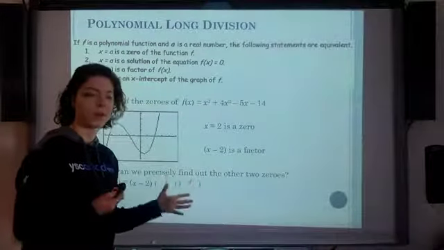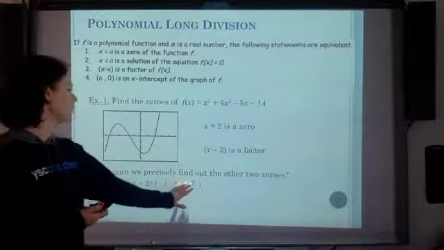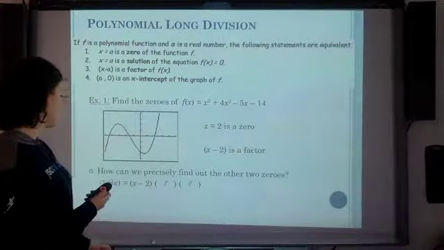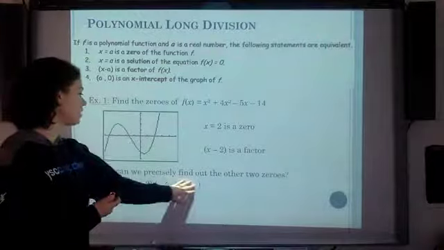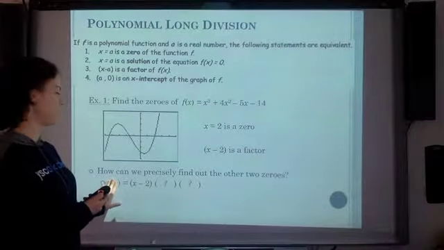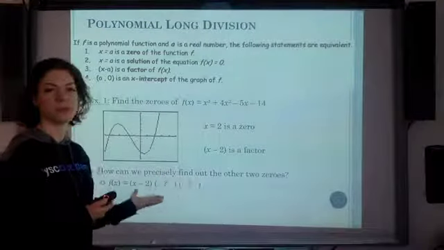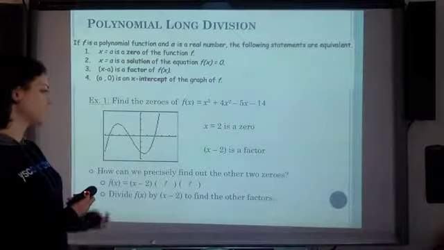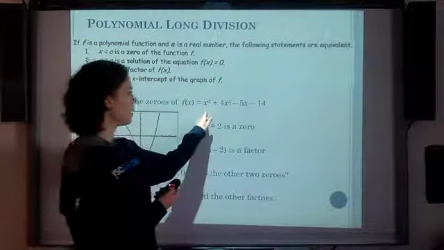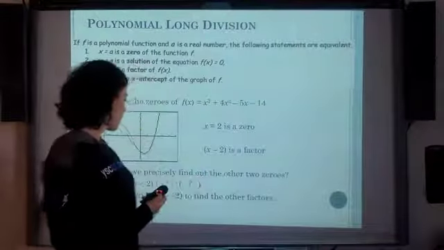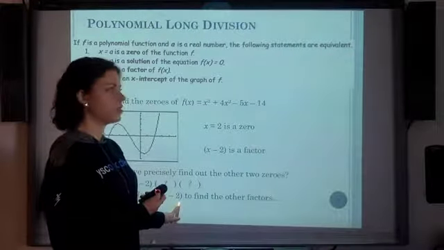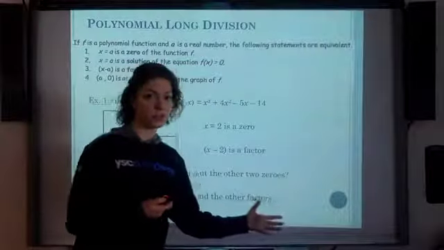We have to figure out those factors. If we want to determine what these are, we could divide both sides of this equation by x minus 2. Because that would cancel out this, and then we'd be left with those other factors. So that's what we're going to do. We're going to try dividing f of x by x minus 2 to see what those other factors are.